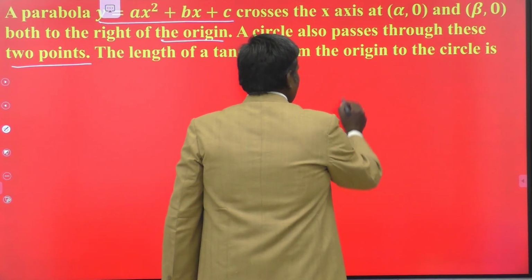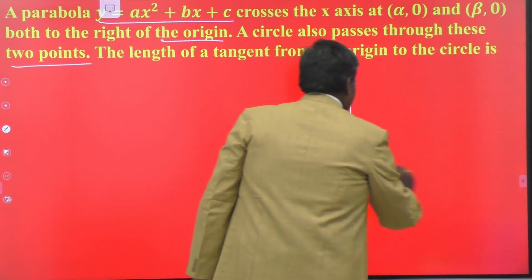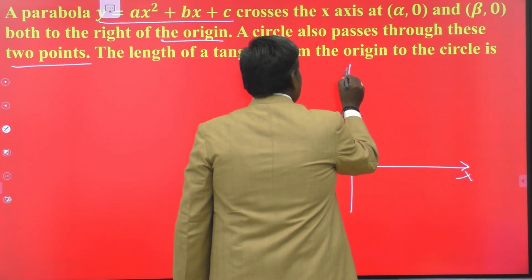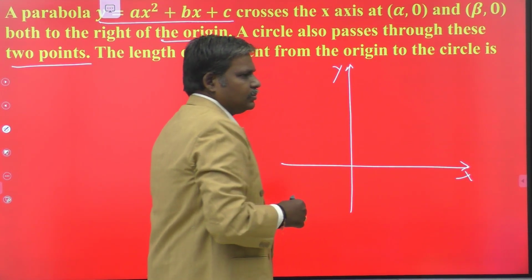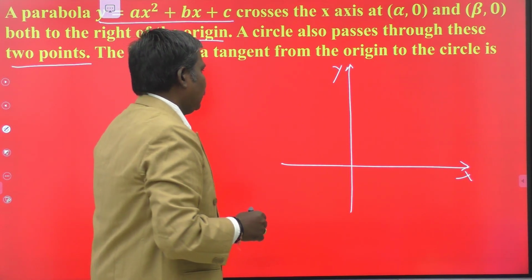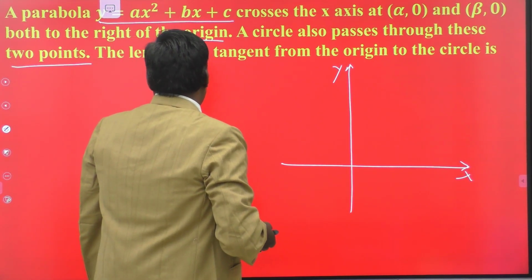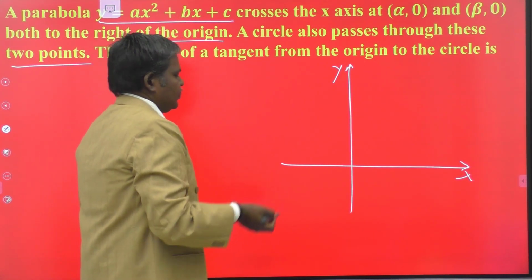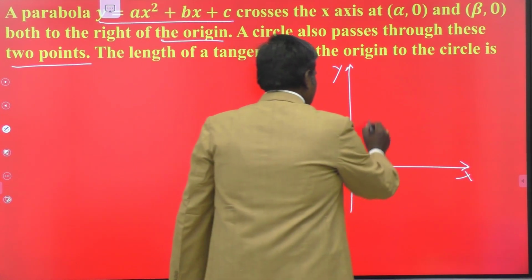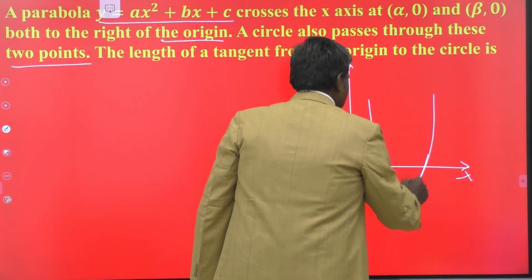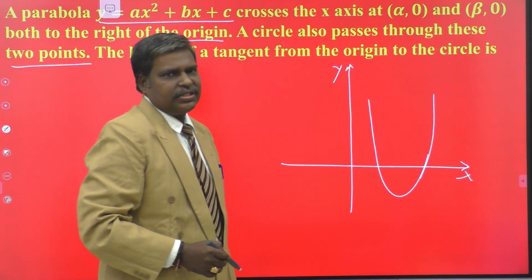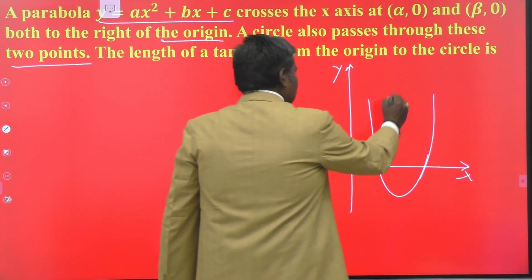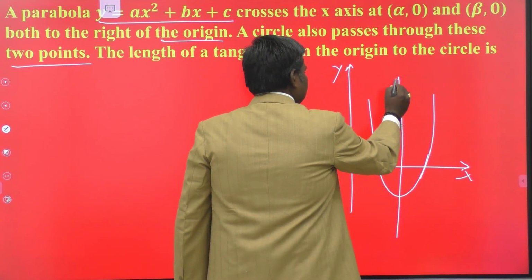So let us try to draw a simple figure. This is the x-axis, this is your y-axis. Now for a greater than 0, suppose we are taking a greater than 0, sometimes a may be less than 0. For a greater than 0, the parabola may be like this, upwards, and its axis is parallel to the y-axis, like that.